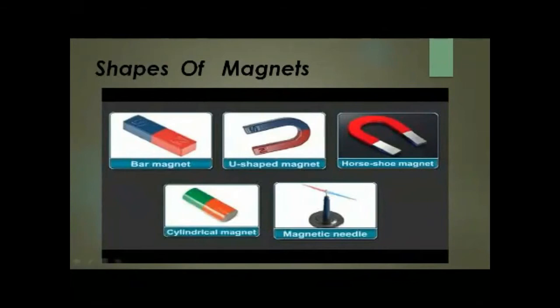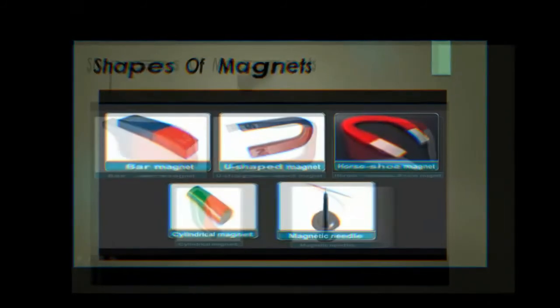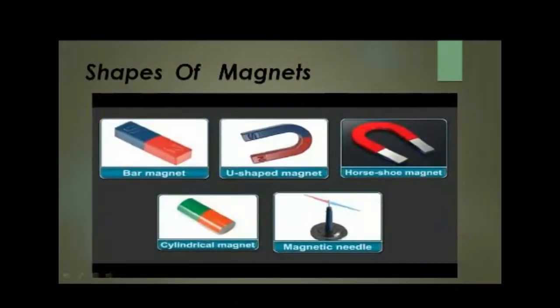Now the second magnet is a U-shaped magnet. The third magnet is a horseshoe magnet, the fourth magnet is a cylindrical magnet, and the last is the magnetic needle. So these are the shapes of magnets. Magnets have different shapes, size and strength.